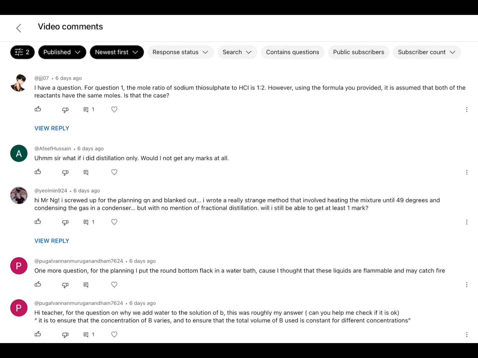So I'm not sure why the stoichiometry or the mole ratio between sodium thiosulfate and hydrochloric acid would be called into consideration for any part of the question. However, if you were to perform a chemical calculation, for example, if you are given the amount of one and then you're supposed to find the amount of the other, then only then do you need to consider the mole ratio.